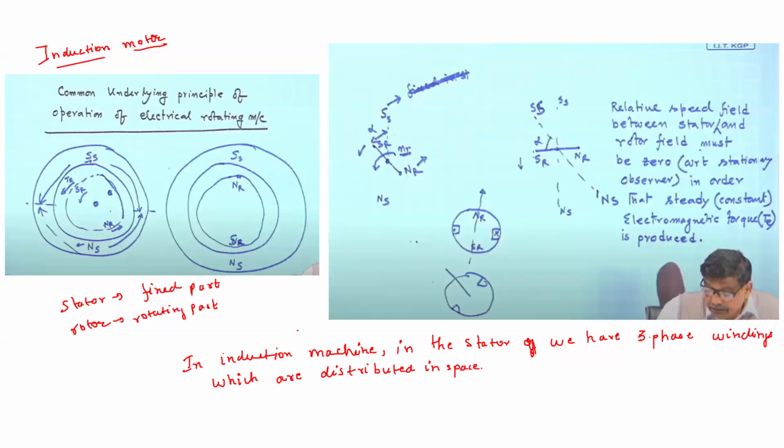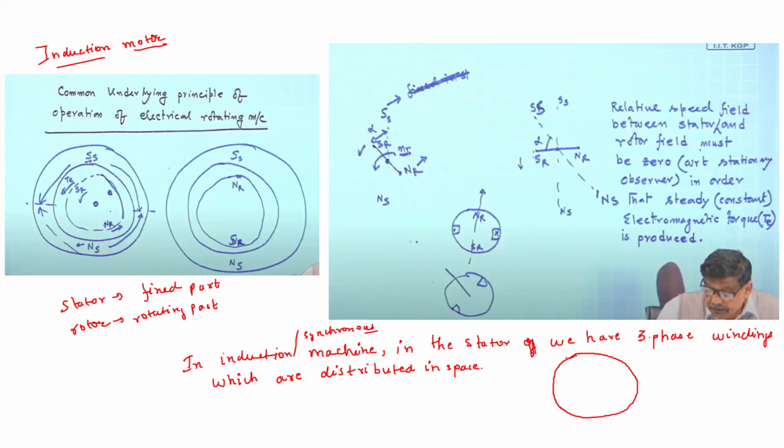This is for the induction machine, or you can say the synchronous machine also. Distributed in space, like in the general principle of a rotating machine, I'm saying. Because we have the three phase windings distributed in space, you have something like this.